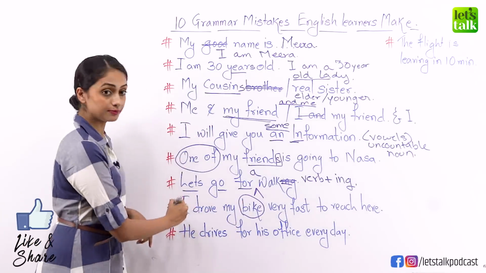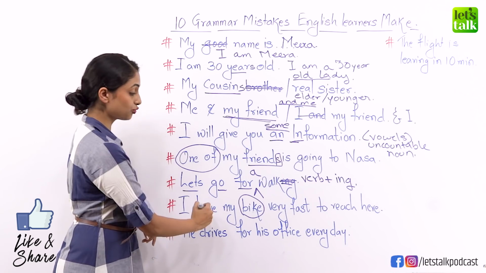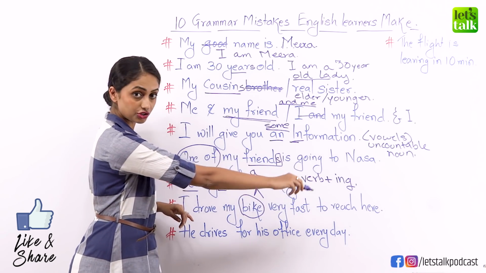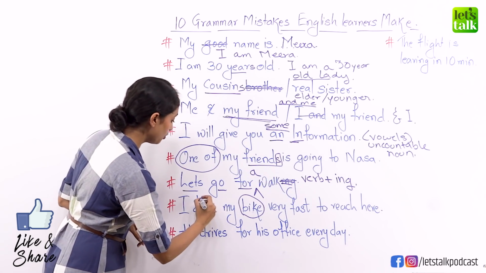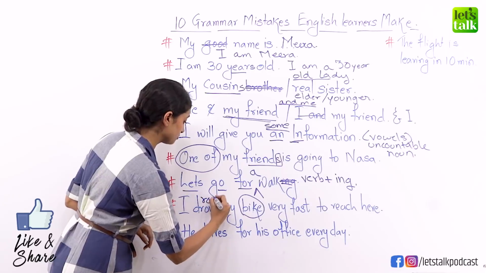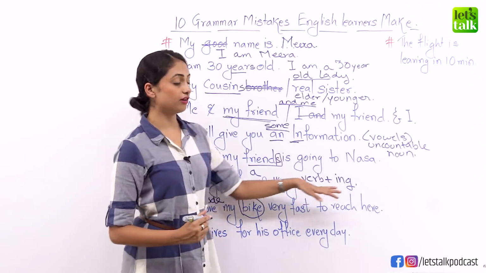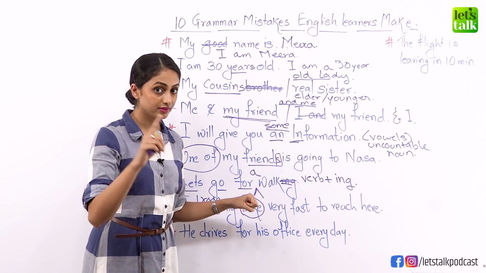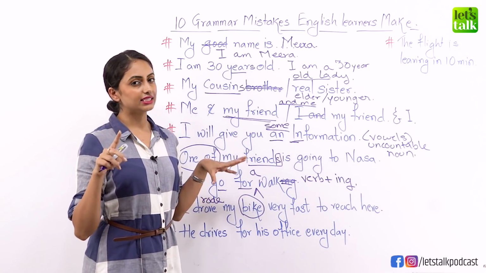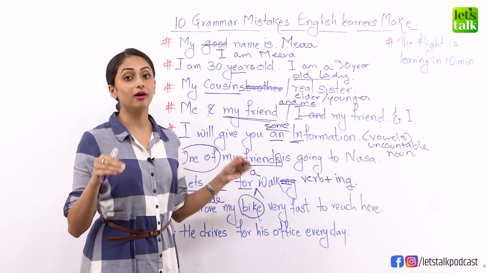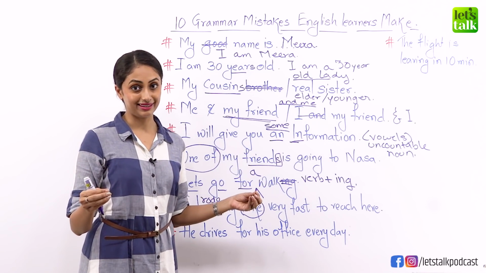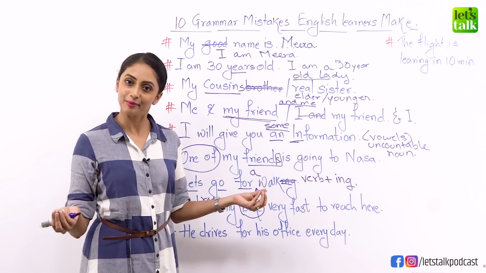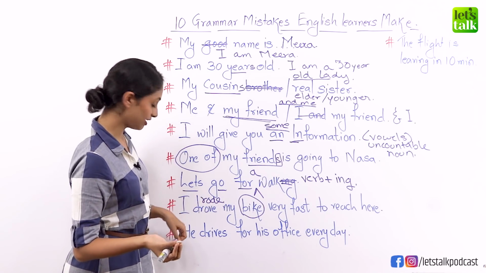So, I drove my bike very fast to reach here is incorrect. I rode my bike very fast to reach here. It's the past tense of ride. Did you get that? Yes, it's not a grammatical mistake, but it's a vocabulary mistake, and that also comes under grammar.